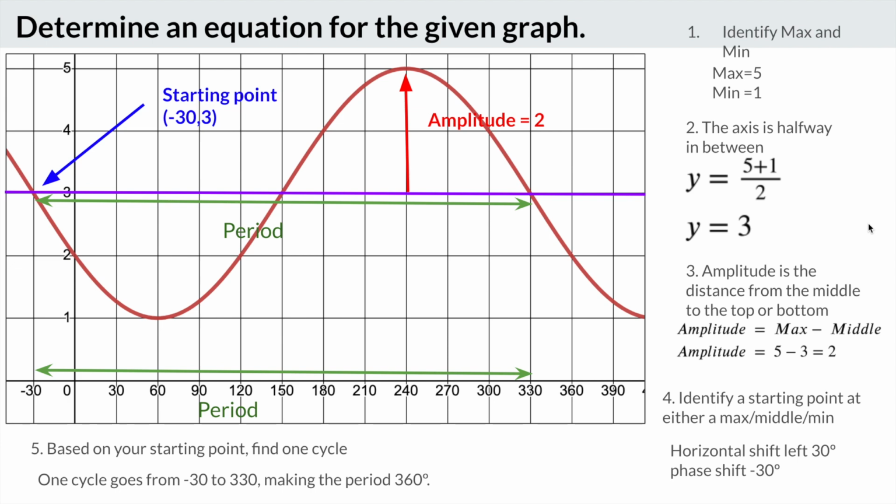In other words, there happens to be no horizontal stretch or compression in this case. But let's look at the math to get what we call the k value that we multiply by inside the brackets. To get the k value, you take the untransformed period, which is 360, and you divide it by the actual period, in this case also 360, and you get your k value, which in this case is 1.